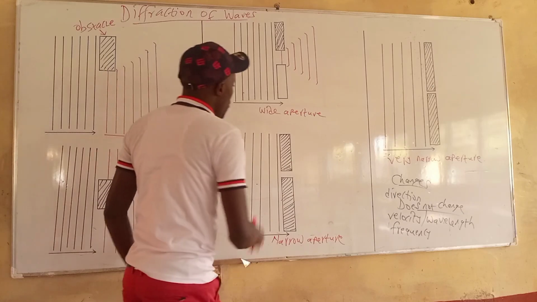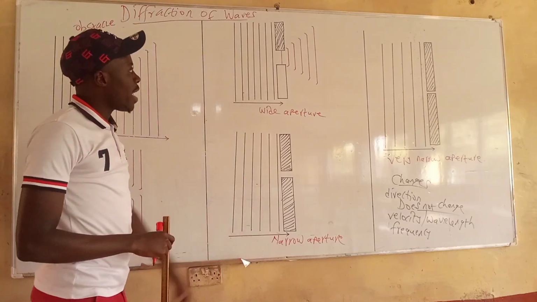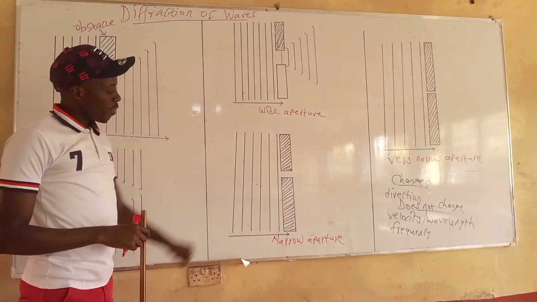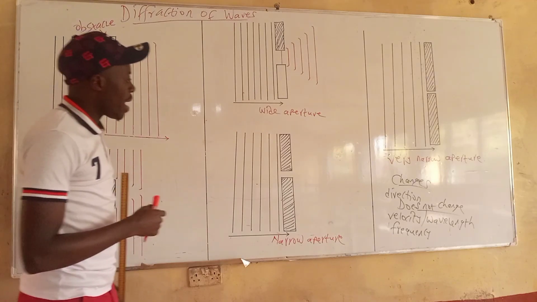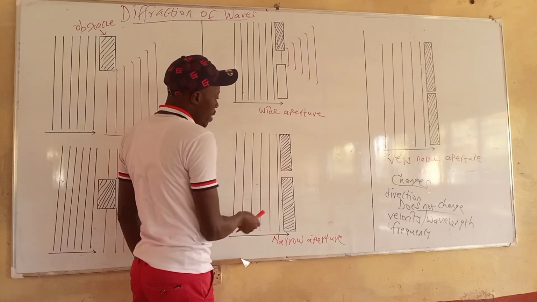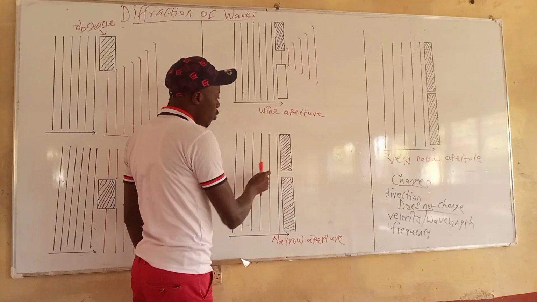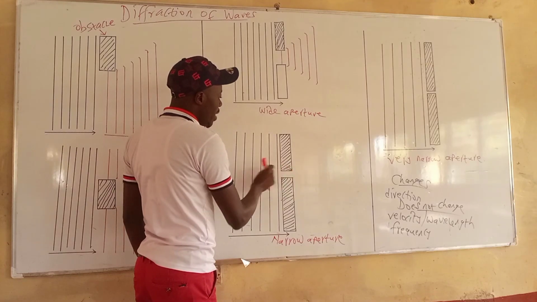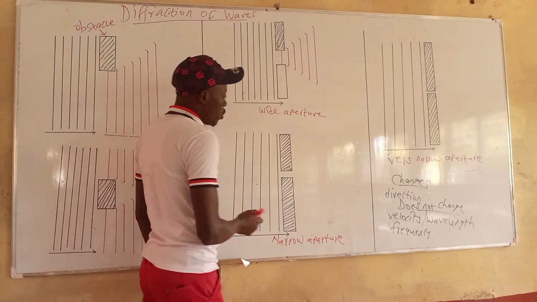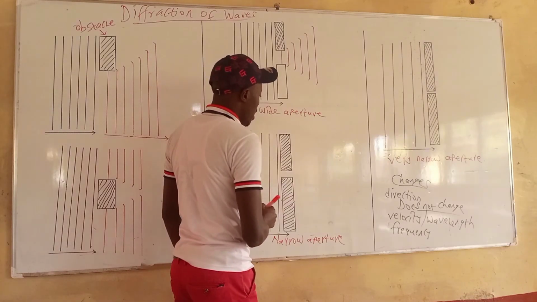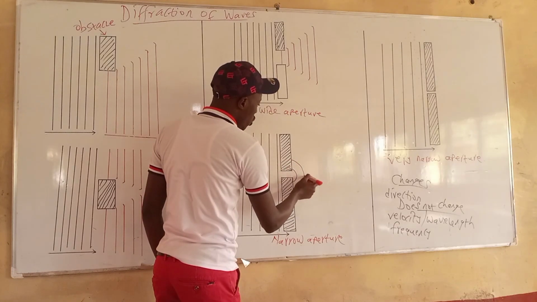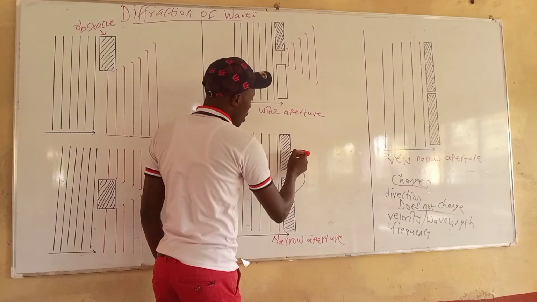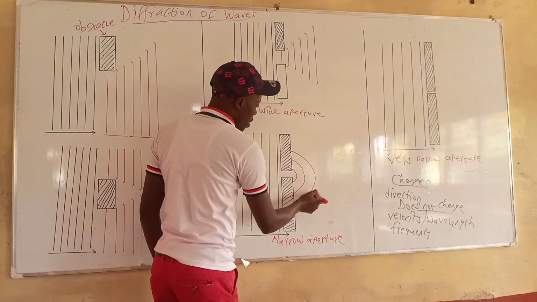Then we have these other waves passing through a narrow aperture. We want to know how these waves will pass. Because the aperture is narrow compared to the wavelength, the aperture is actually narrower than the wavelength, you realize that these waves become circular waves. That means now the waves will have this kind of shape.